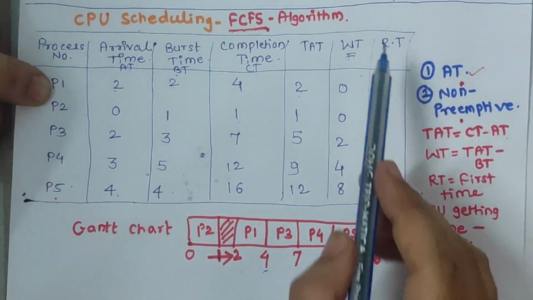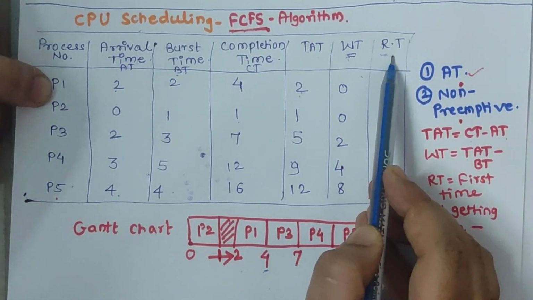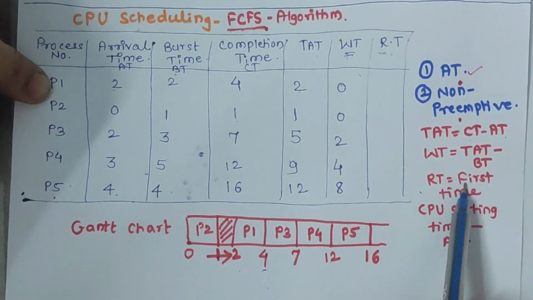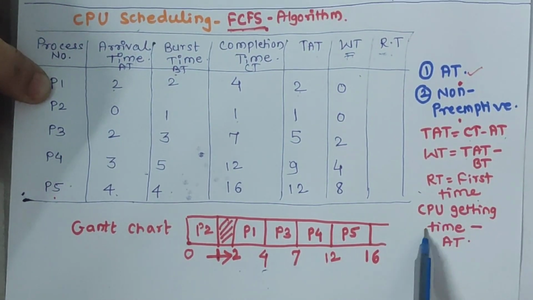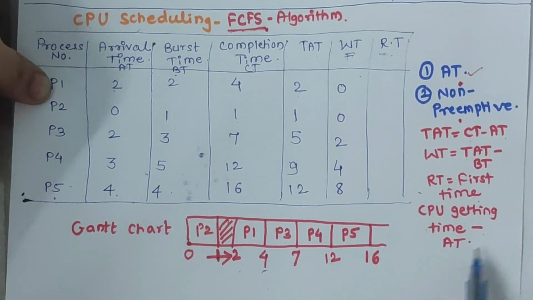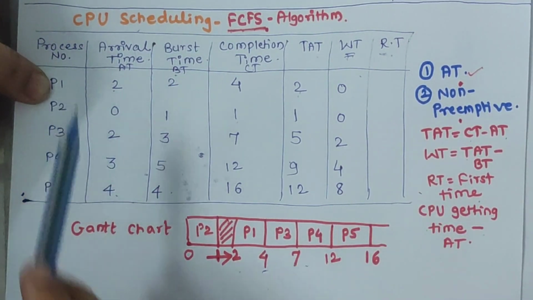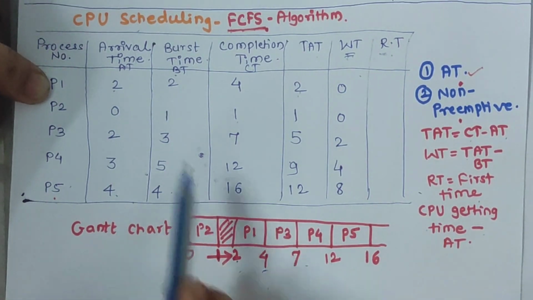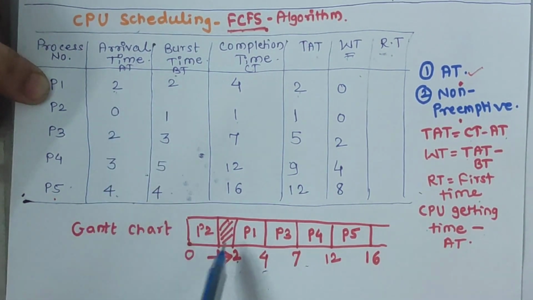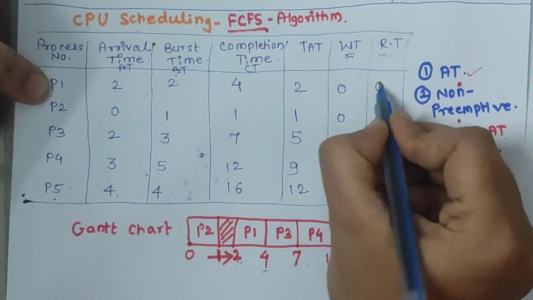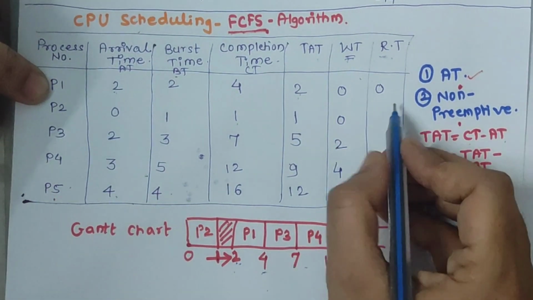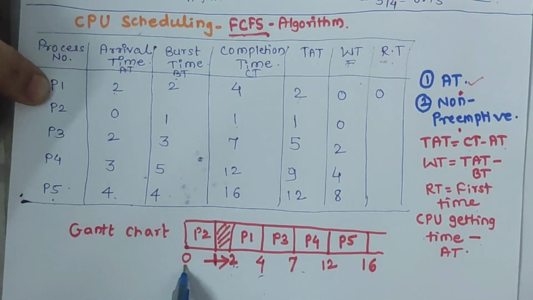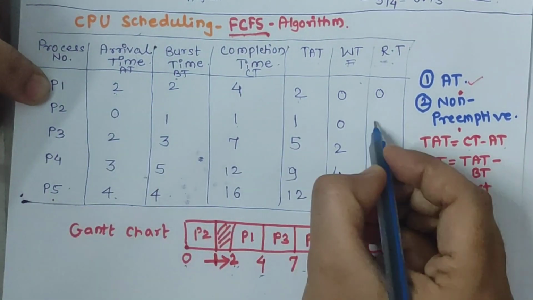And finally, sometimes response time may be asked. Response time is the time at which the process got the CPU for the first time minus arrival time. So we will see for process P1. P1 got the CPU for the first time at time unit 2 and the arrival time of P1 is 2. So 2 minus 2 is 0. Same for P2. P2 got the CPU at 0 and the arrival time of P2 is 0.